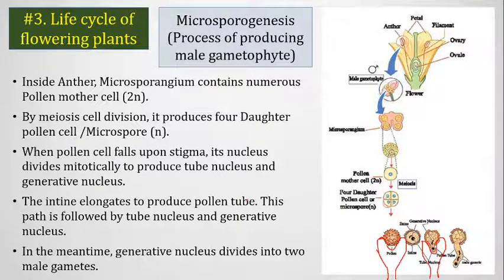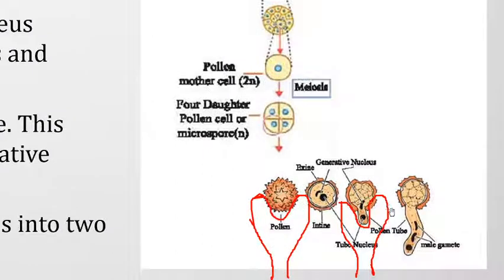During this travel, in the meantime, the generative nucleus divides mitotically into two male gametes.